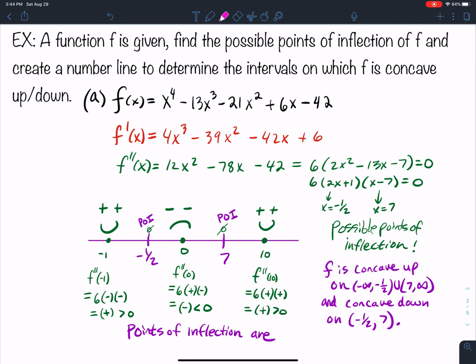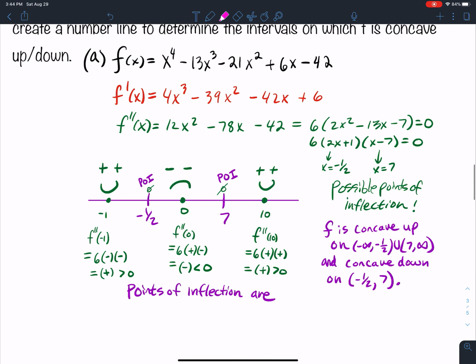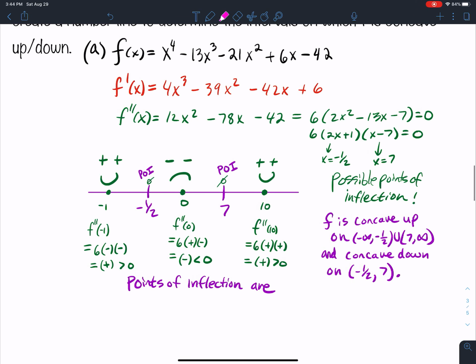So the points of inflection, remember the definition says it's where we change concavity, right? From concave down to concave up or vice versa, and the point exists, right? Well, the points negative 1/2 and 7 exist for both of these because remember f is a polynomial and that's defined for all real numbers, okay?